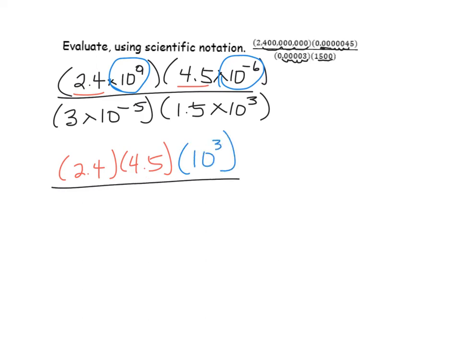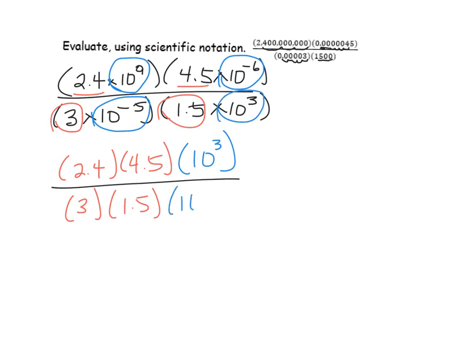Divided by, once again, group the numbers together. It's all multiplication, that's why we can do that. 3 times 1.5, 10 to the negative 5th times 10 to the 3rd, negative 5 plus 3 is 10 to the negative 2. So notice the blues have matching bases, but the reds do not.